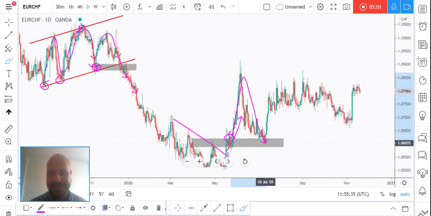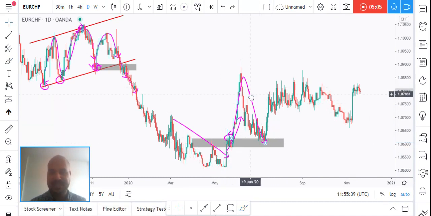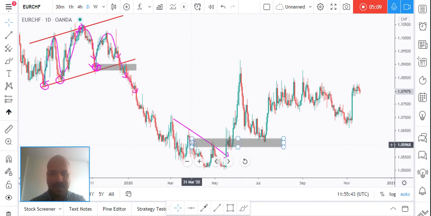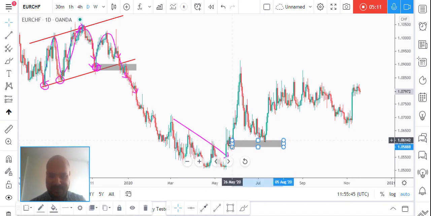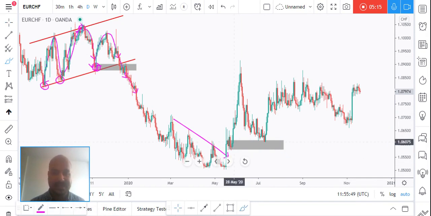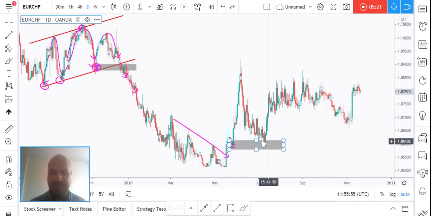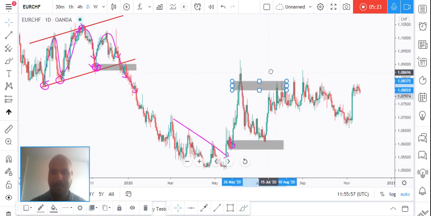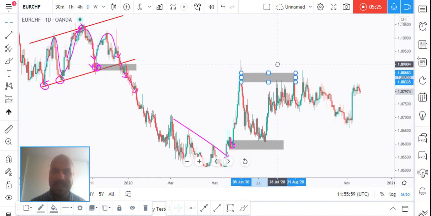Then price made a retest, and we could look for buy setups around here, especially as we do have a strong demand area around here. The demand area is the base from which the market made an explosive movement upward. And in the case of a supply, it's the base or the last candle.